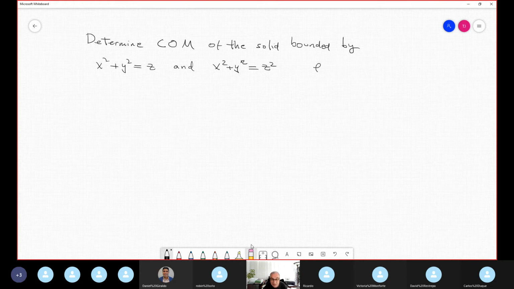And suppose that the density function is a constant and equal to 10 kilogram per cubic meter. Okay, this is our integrand function.